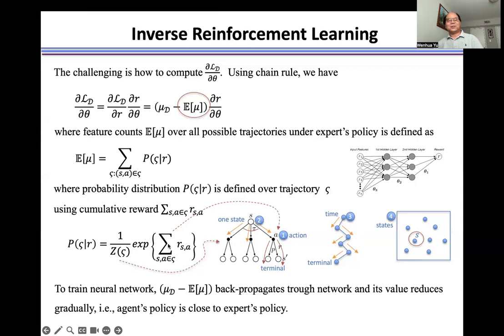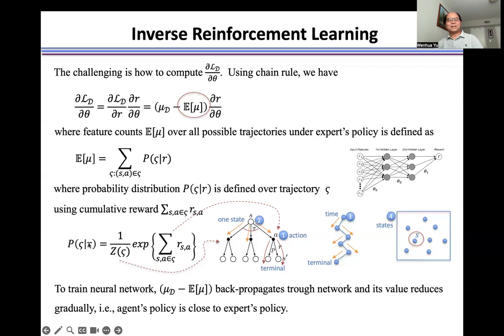For the numerator, it's just the exponential of the cumulative reward at S and A. That means at this state, by selecting this action A, we calculate the expectation from this point to all the possible terminal states.